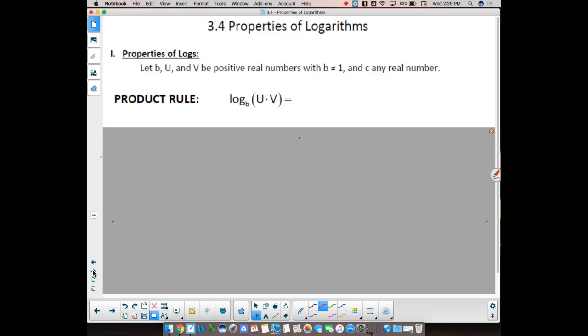First is called the product rule. The product rule tells me that if I am multiplying 2 things inside of a log, I can split that log up, and I can say that this is log base b of u plus log base b of v.